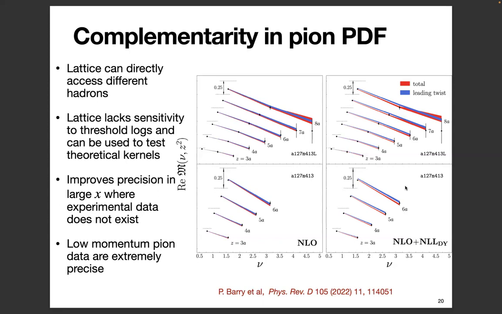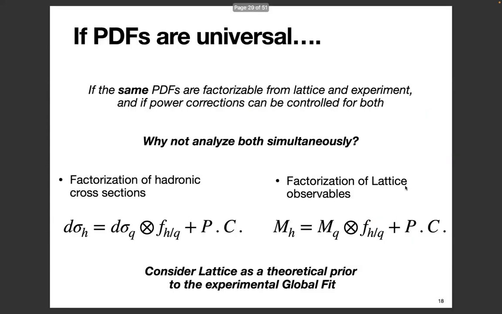The matching for the PDF for the lattice is now known to NNLO, so that can be used and applied. If you try this at NLO and NNLO, there will be some differences, but it doesn't really matter to make it more precise, because this is in the region where perturbation theory will fail. Absolutely, comparing these two different orders will tell you what region this is.